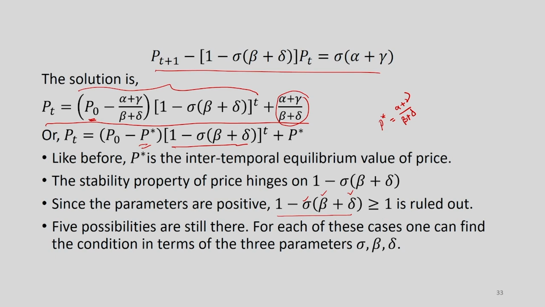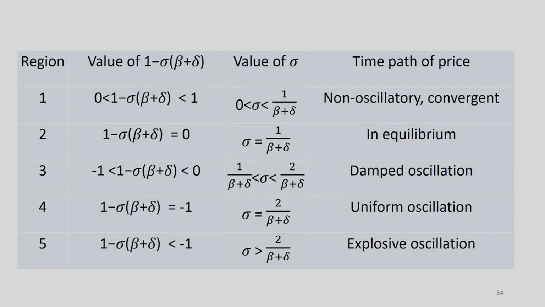But even if we have got rid of 2 possibilities, there are 5 possibilities that are left out. For each of these cases, one can find a condition in terms of the 3 parameters sigma, beta and delta. So, 5 cases are left out, and let us try to see how they turn out to be.